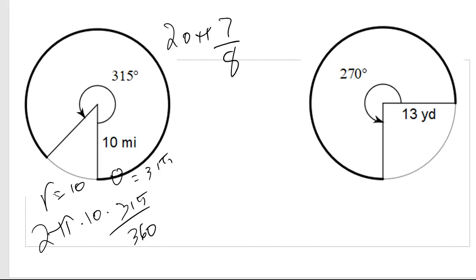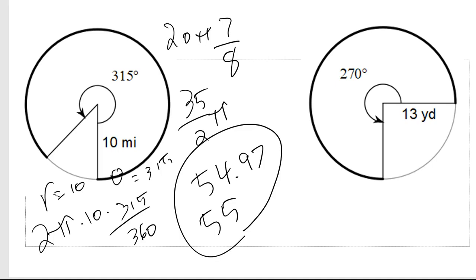So what I need you guys to do in your calculator is take 20 times 7. You get 140. Divide that number by 8 and change to a decimal. It's going to give you 35 over 2 pi, because the pi stays there. We're going to multiply that number by pi, and at the end of the day you get about 55, so that rounded to here.